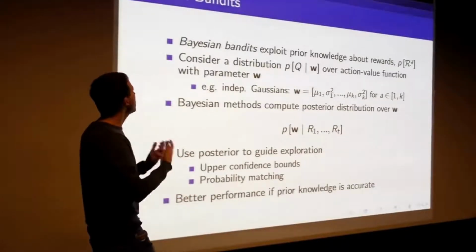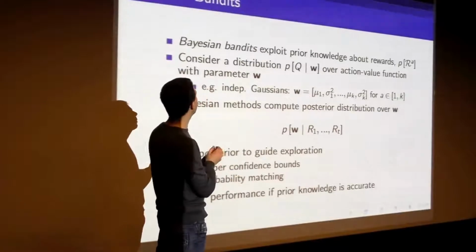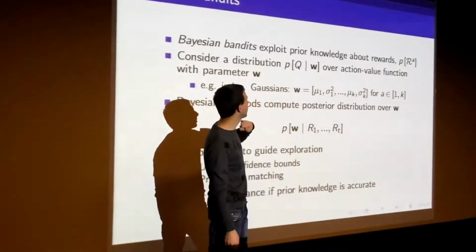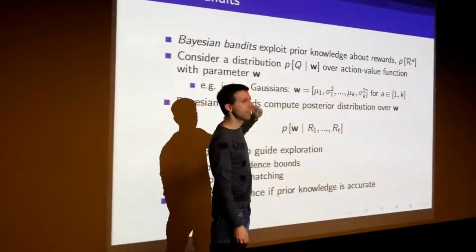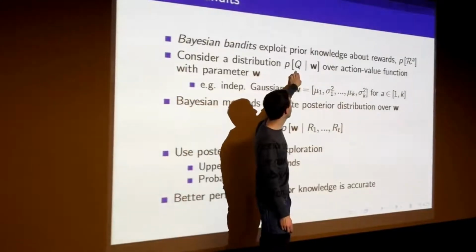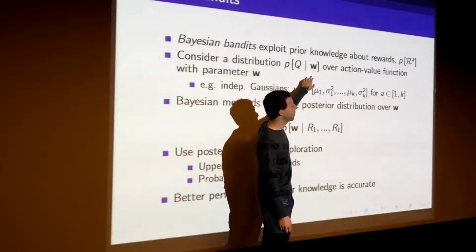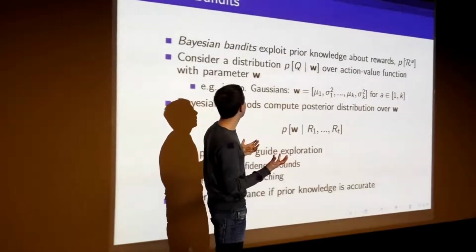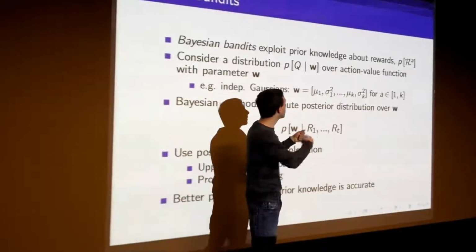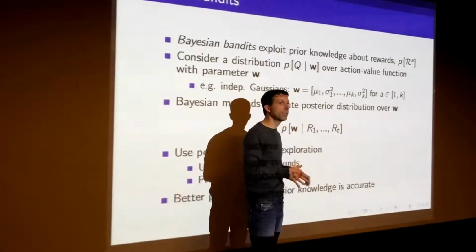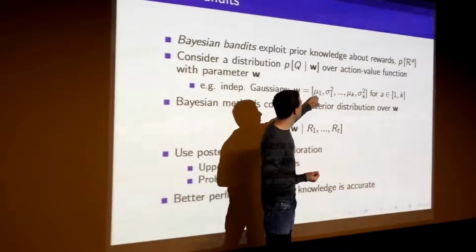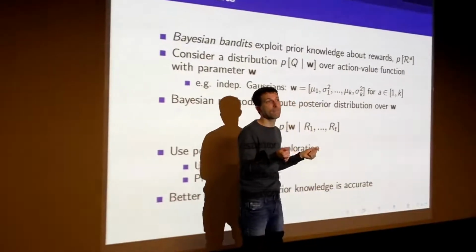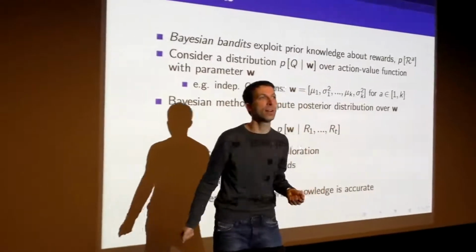And so the Bayesian bandit does that by starting off with some distribution over the action value function that's parameterized. So we have some distribution over our Q values, parameterized by a parameter vector W. And what the Bayesian approach does is it starts to, with experience, update these Ws. So an example of the Ws would be the means and the variances of each of our arms, the Q values for each of our arms.